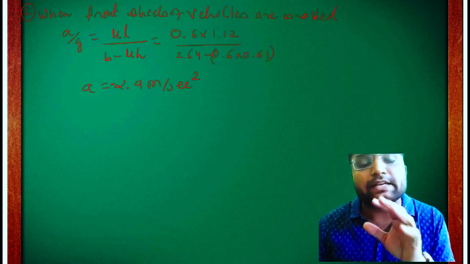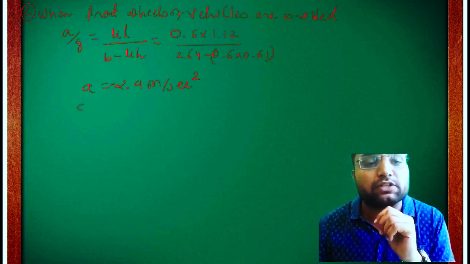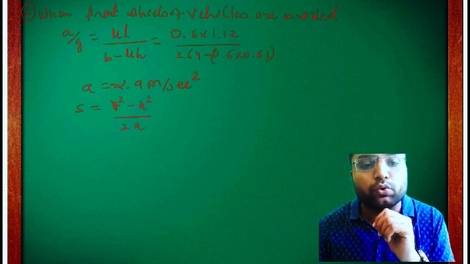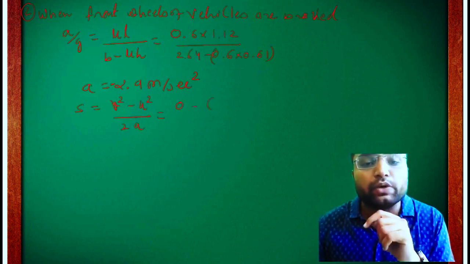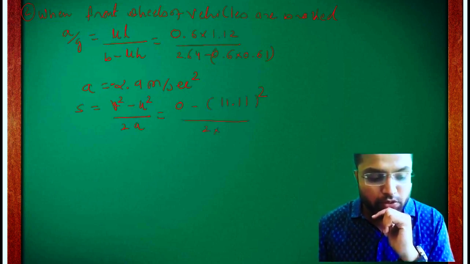So this equation will help us find the stopping distance for this case. S is equal to v square minus u square upon 2a. V is 0, minus u is 11.11 square, divided by 2 into 2.9.